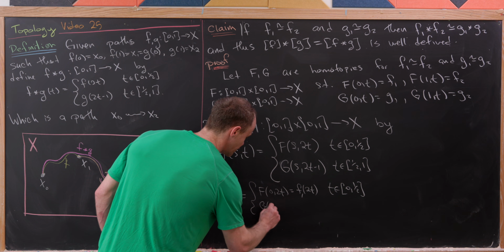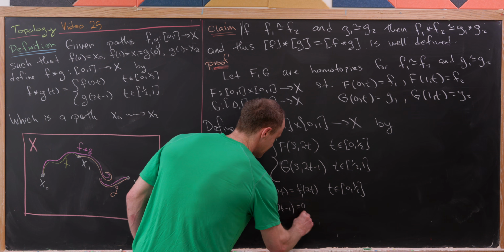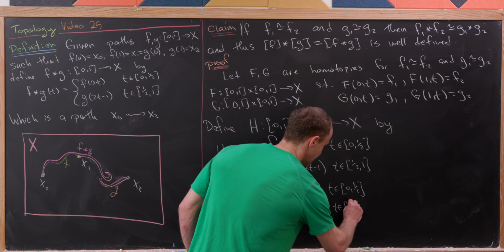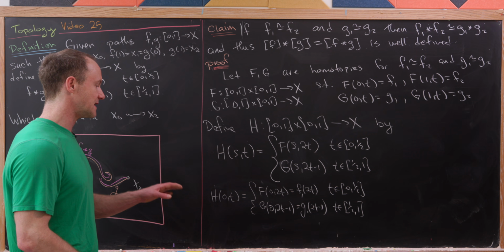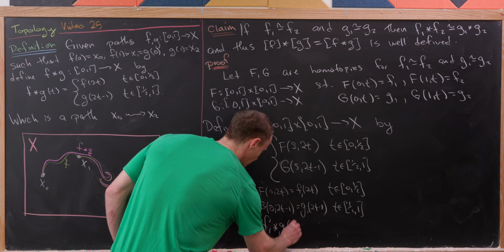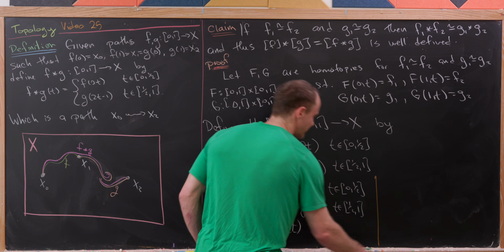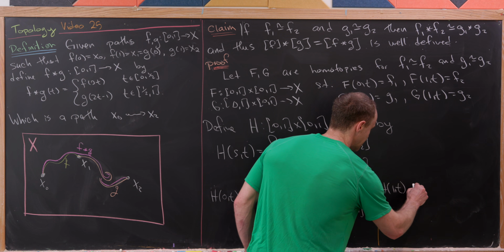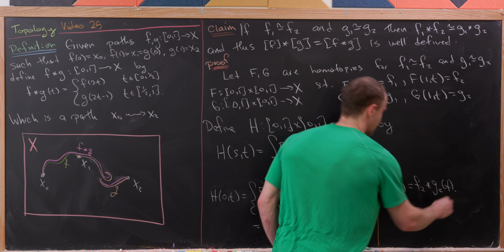And then here we'll have G(0, 2t minus 1), which is little g1 of 2t minus 1, when t is between a half and 1. But observe that that's exactly the piecewise definition of f1 star g1 evaluated at t. And then via a very similar calculation, you'll see that H(1,t) is equal to f2 star g2 evaluated at t.